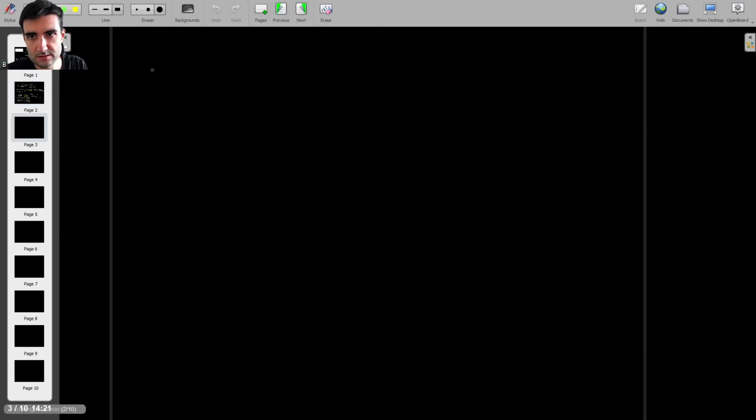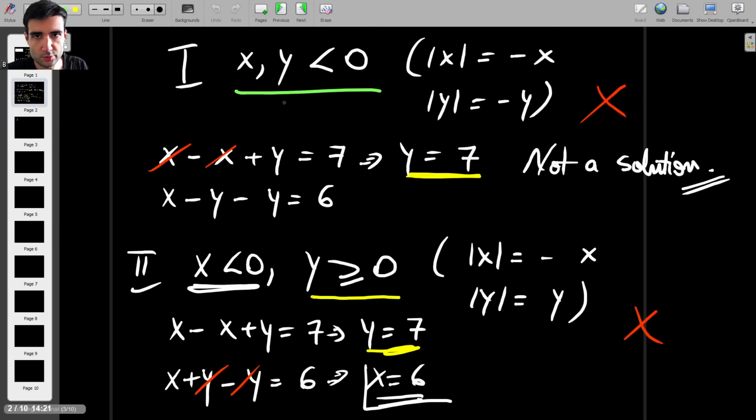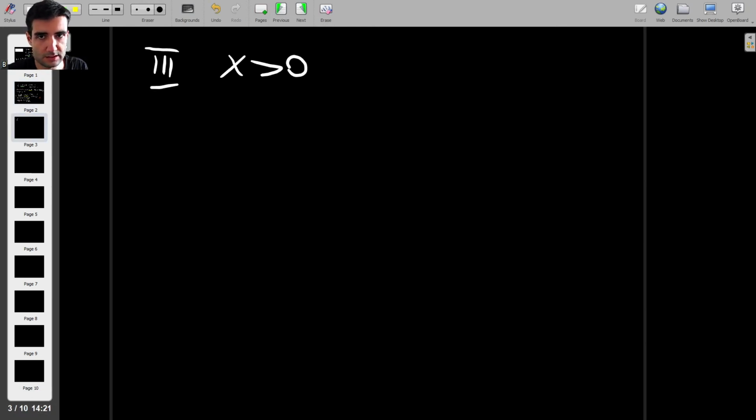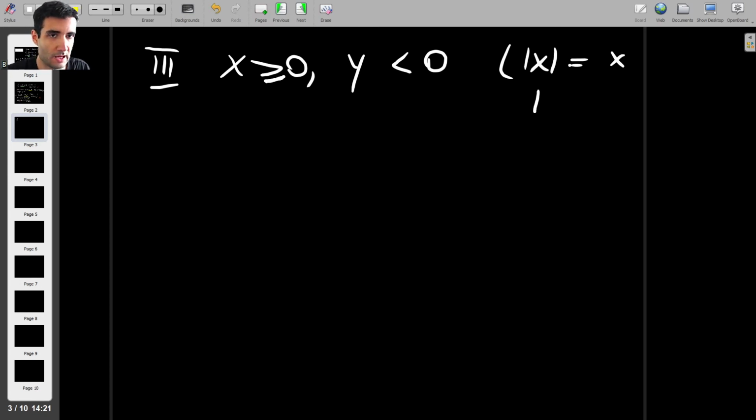In the third case, we had both of them negative, then x negative and y positive, and now let's say x is positive and y is negative. If that's the case, then the absolute value of x will stay as x, and the absolute value of y is minus y.